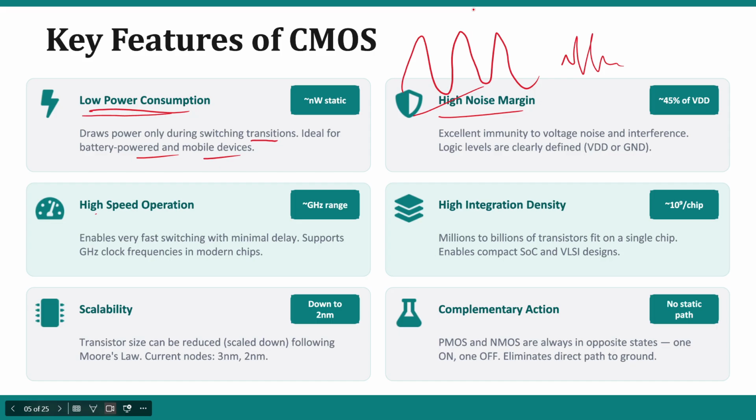Okay. So coming to the high speed operations. It works very fast, very quickly, if you want to do any operation quickly. If you want to open the app, every person will think we should open the app very quickly, within seconds, within the blink of an eye, within milliseconds. We operate whatever we want, and that fastness is given by the CMOS.